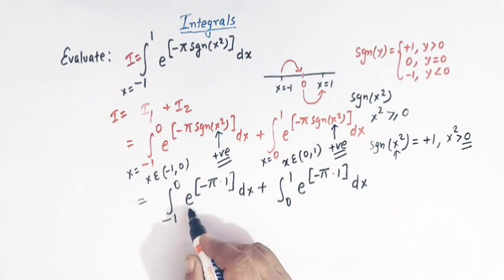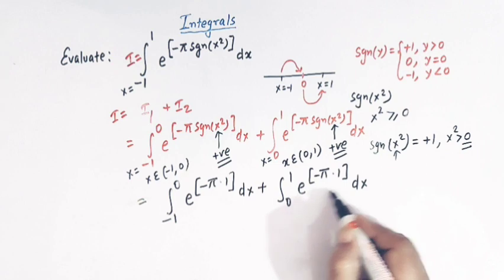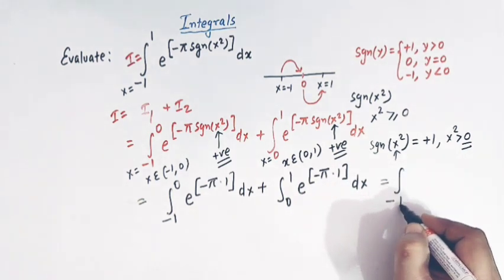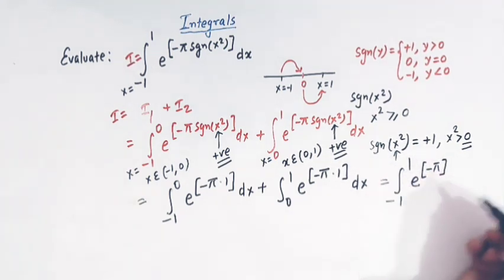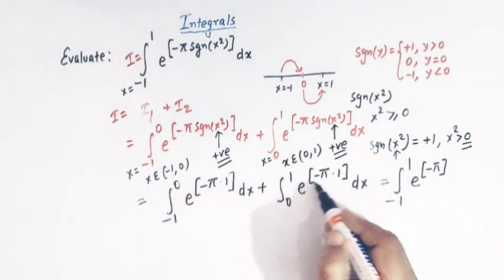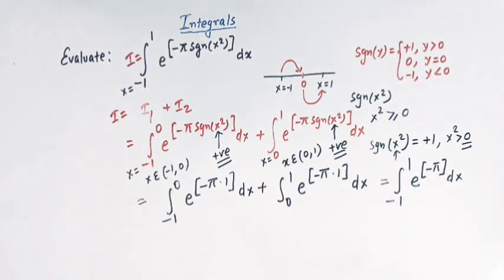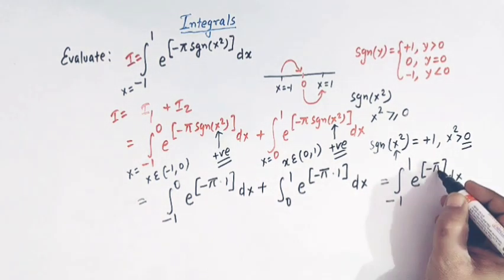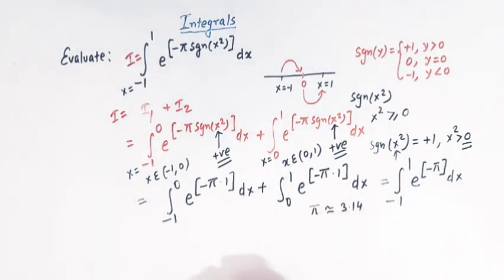Now, since in both the integrals we have the same integrand, we can now simply write -1 to 1 e raised to greatest integer of minus pi, and here we have dx. So now the approximate value of pi is equal to 3.14, right?